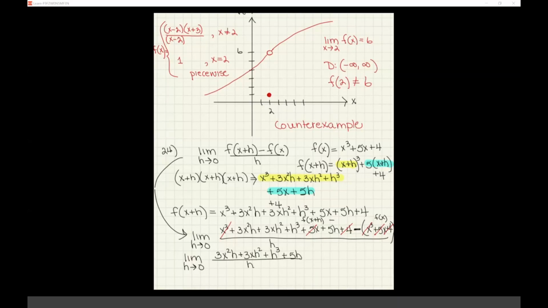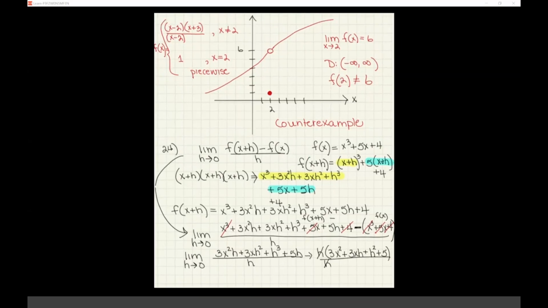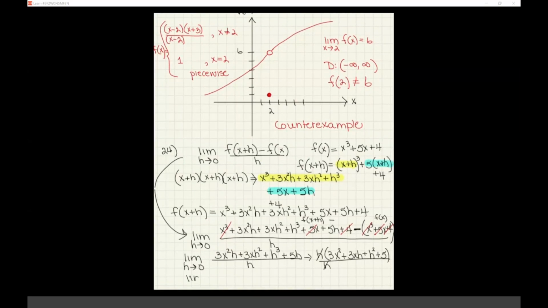What you want to notice about what's left is all of the terms have an h, so we can factor out an h. Factoring an h out of everything in the numerator because there's an h in every term, and then cancel that out. Now there's no problem taking the limit as h approaches 0.